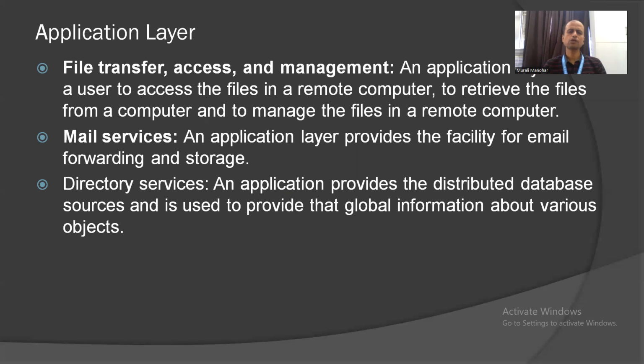Now the third one is directory service. An application provides the distributed database resource and is used to provide global information about various objects. So look, directory services means simply you can say database service. In database service, we mostly use a distributed system. Distributed system means your data is not always located at a single machine or at a single storage.